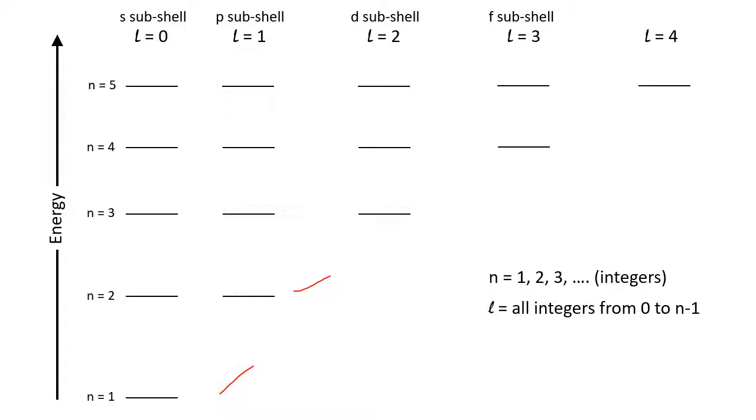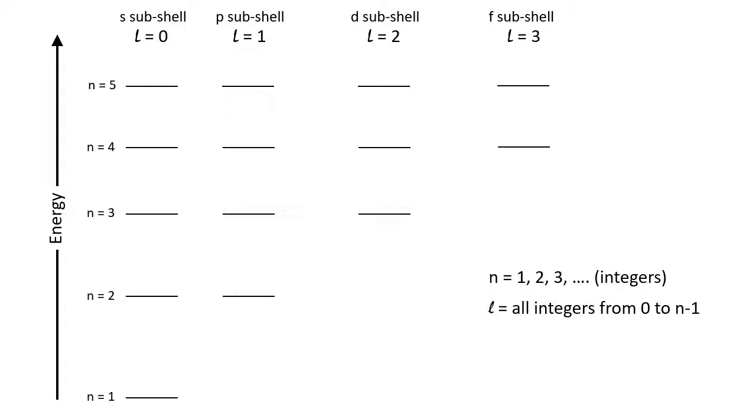So normally we wouldn't talk about that, but there is in fact a possible l equals 4, and if we were ever to make such an atom in the laboratory, we would call that the g subshell. So just understand that this set of quantum numbers and subshells does exist, but we don't use it because it's just not required in chemistry. So let's get rid of that designation and stick to the range of l's that we'll need to deal with: 0, 1, 2, and 3, corresponding to s, p, d, and f.